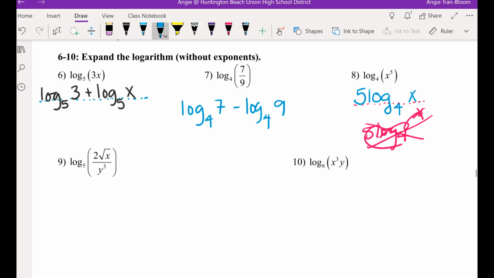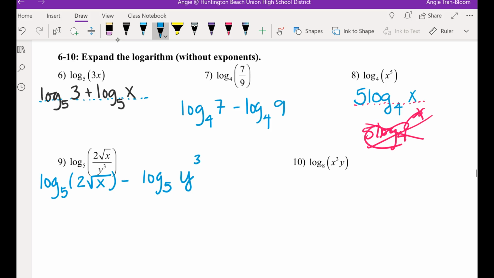What one operation do you see? Division, right? If you see division, what do you do first? Take one step at a time. So log base 5 of 2 times square root of x minus log base 5 of y to the power of 3.